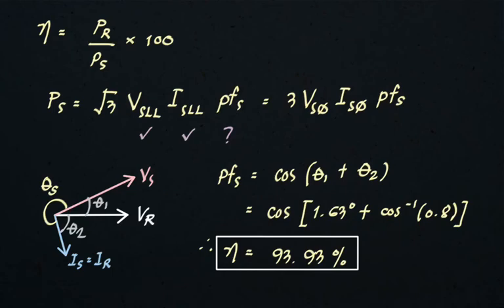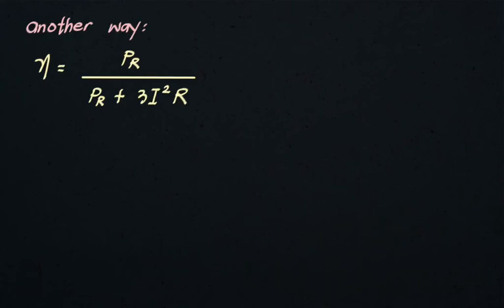There is another way of getting the efficiency, in terms of the PS, which is in terms of the losses. So PR plus 3I squared R, which is your line losses. In single phase it is 2I squared R, so in three phase it is 3I squared R. This is the total line losses.